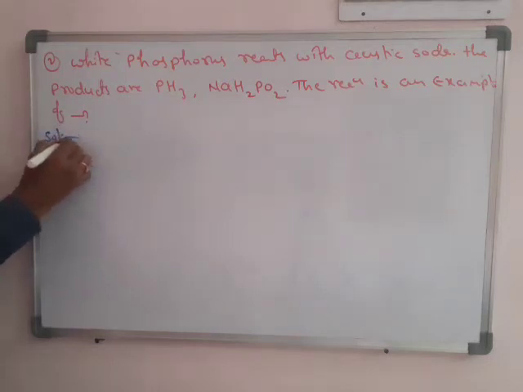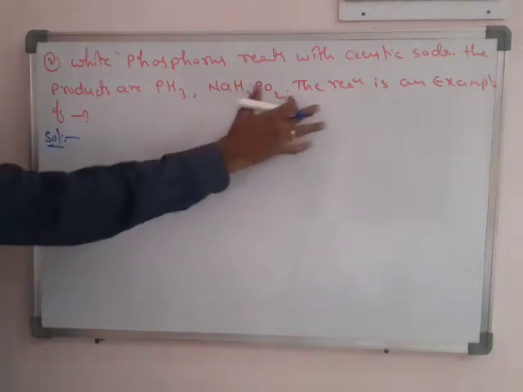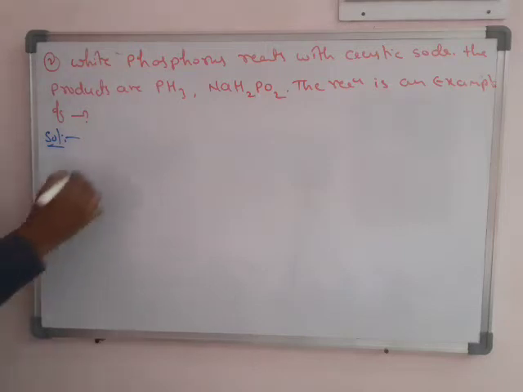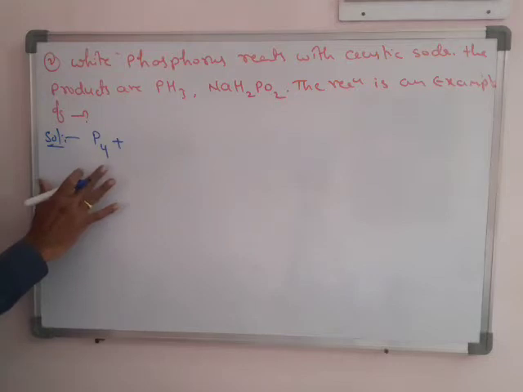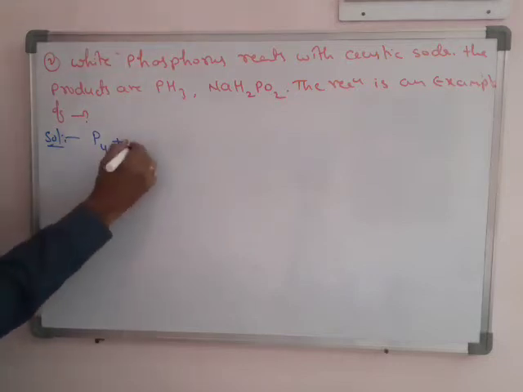We have to know what type of reaction it is. White phosphorus is P4. Just remember the formula of white phosphorus is P4 when it reacts with sodium hydroxide.